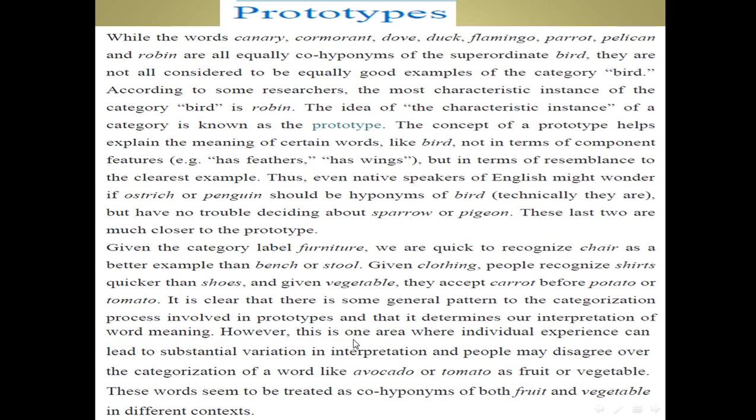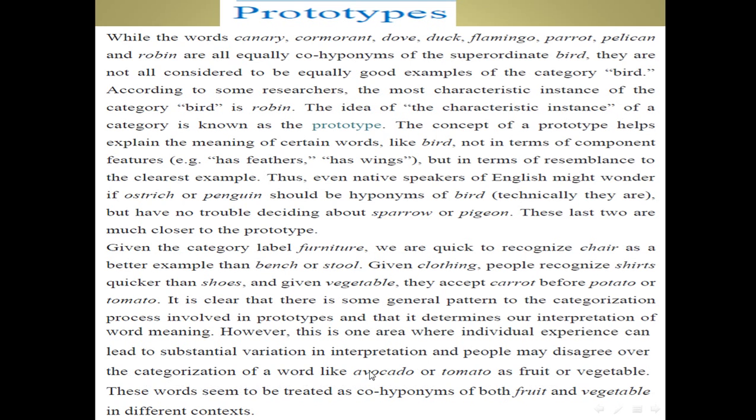However, this is one area where individual experience can lead to substantial variation in interpretation, and people may disagree over the categorization of a word like avocado or tomato as a fruit or vegetable.